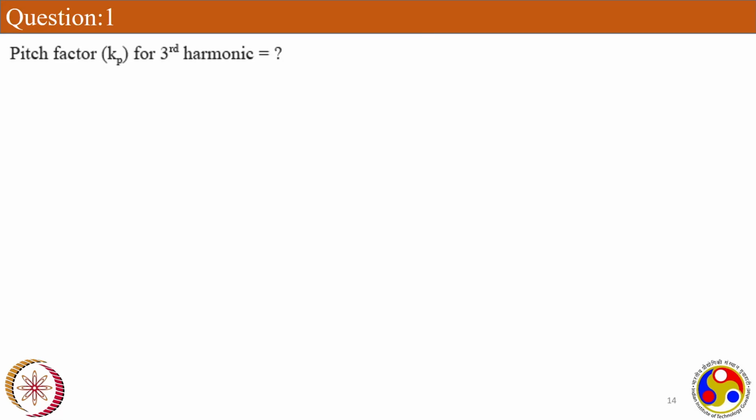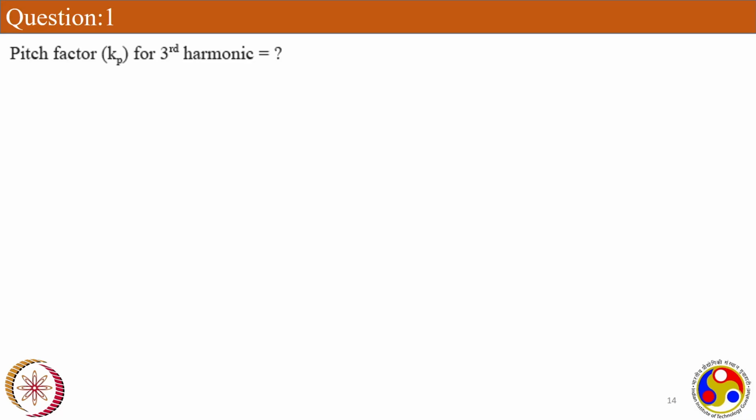Okay. See here, they're asking for the pitch factor for a third harmonic. We already discussed the formula for pitch factor last week, and we also understood the significance of short pitch. In this winding diagram, we saw our winding is a 30-degree short pitched winding, and the reason for going short pitched is to eliminate certain harmonics.